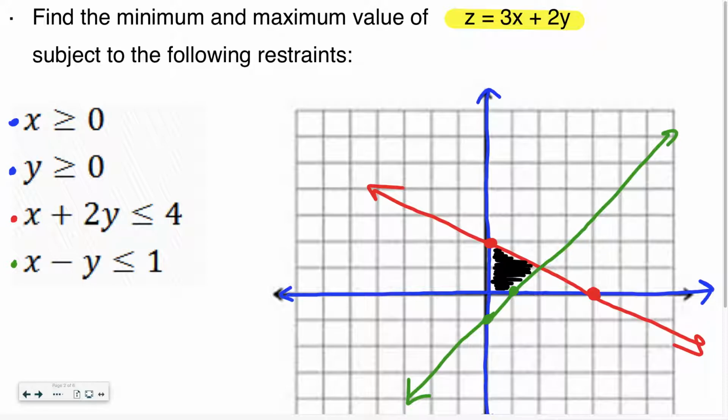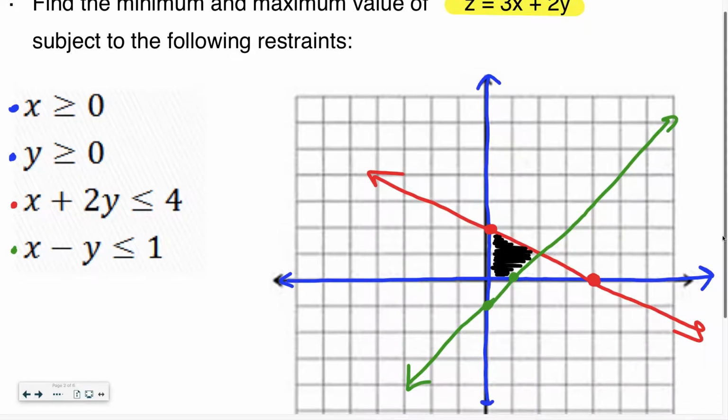So in this problem, we have the objective quantity, that's step 1. We have our constraints, that's step 2. I've graphed them for you, that is step 3. What's step number 4? Find the vertices. Okay, so you need to help me out with this.